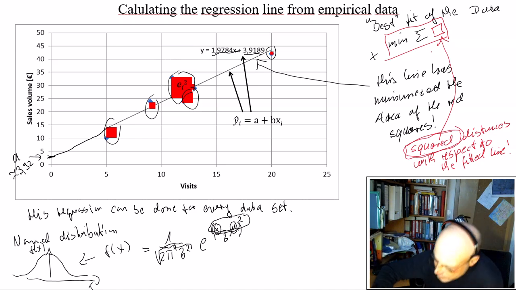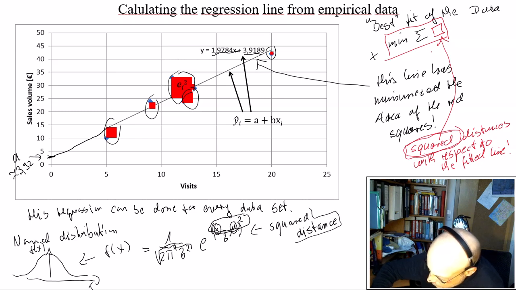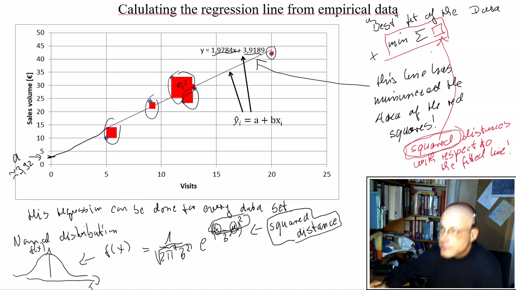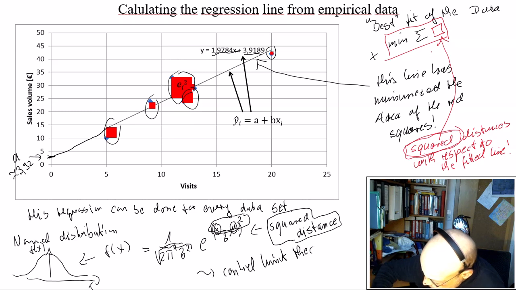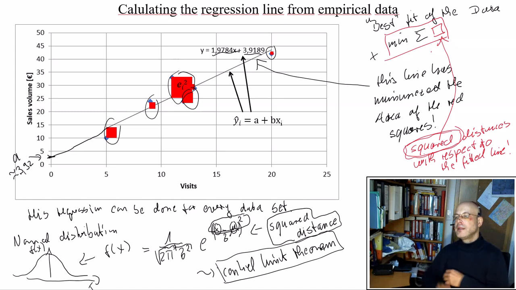And here you have this squared distance. Well, and hopefully within your statistics course, you have heard of the central limit theorem. Do you know what this is? Of the central limit theorem of statistics?